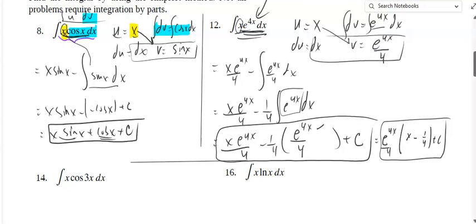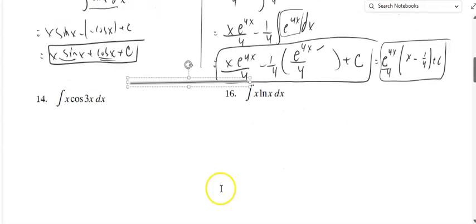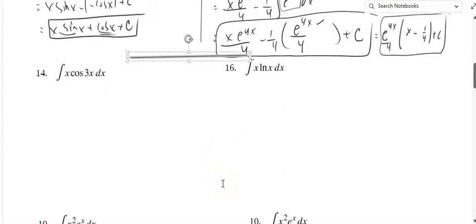So we have 3 types of integration by parts problem, and the first 4 problems deal with that. When I look at number 14, obviously, I know that if I let u equal x, the derivative of that will wipe out the x. dv must be whatever is left over.